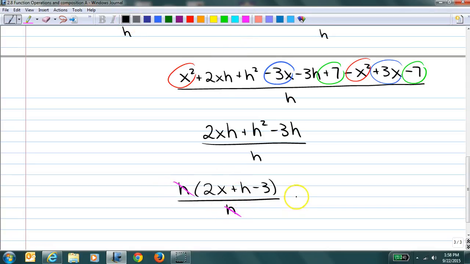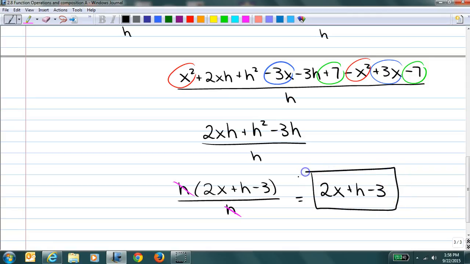My difference quotient is 2x plus h minus 3. That's going to be an important thing to know. Gold star by the difference quotient. Matter of fact, I'm going to end the video here because that's a big deal.